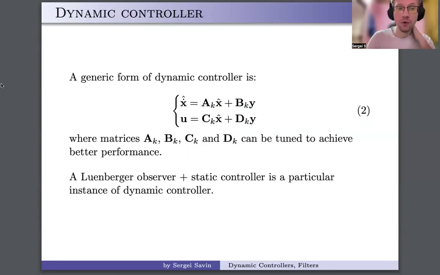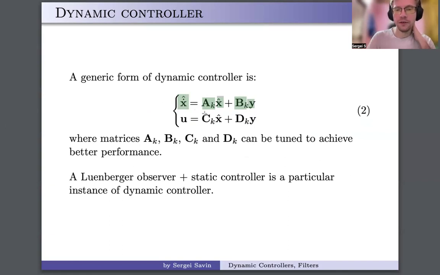Now, generic form of a dynamic controller looks something like this. We have our state of the controller, x hat dot, right? Is equal to Ak x hat plus Bk y. Y is the input to this controller, right?